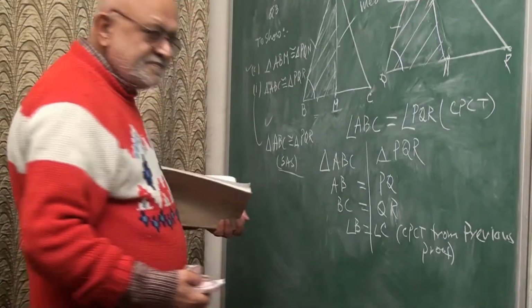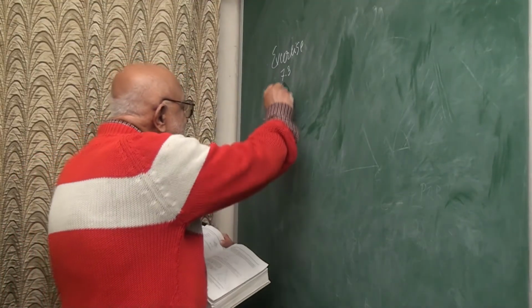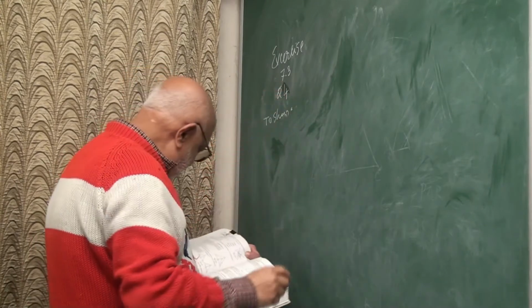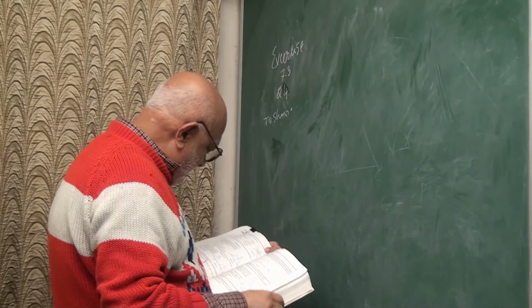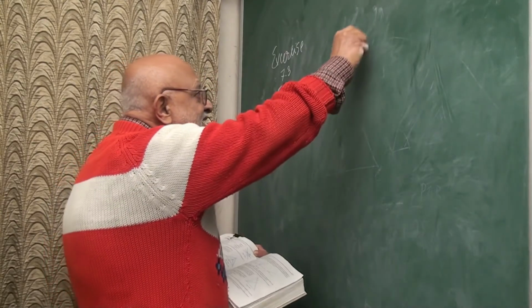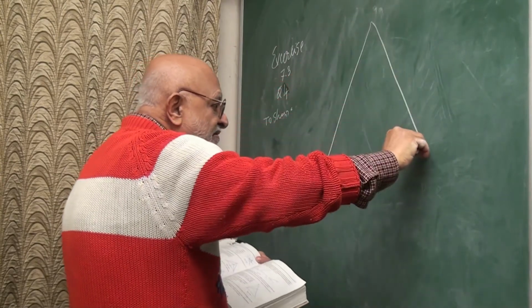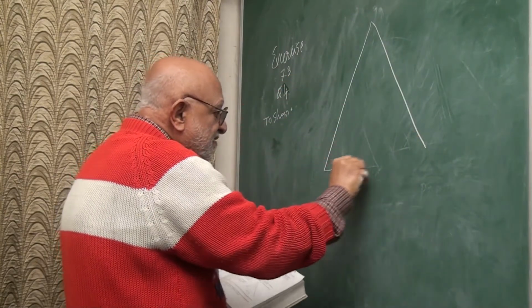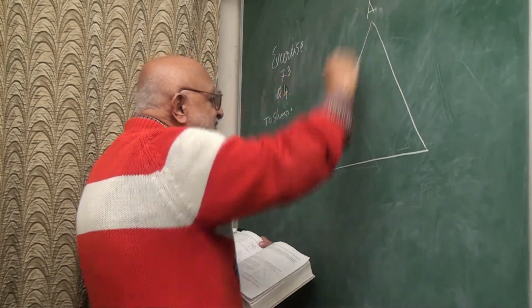Okay, we'll now start with question number 4, and here it says BE and CF are two equal altitudes of a triangle ABC. This is a triangle ABC.